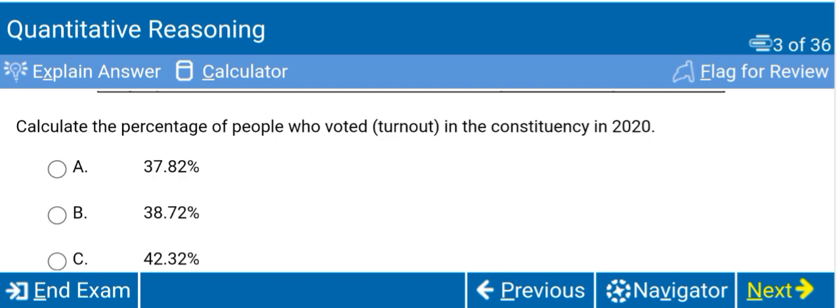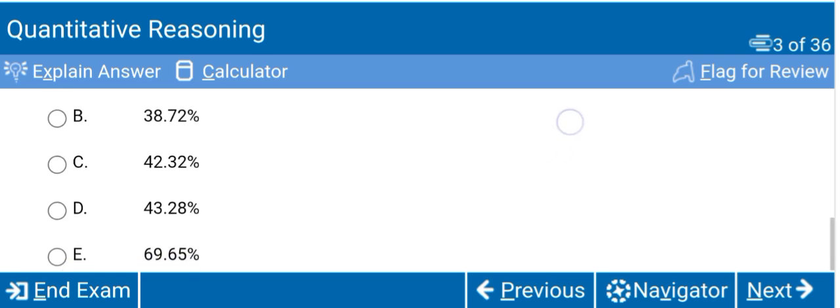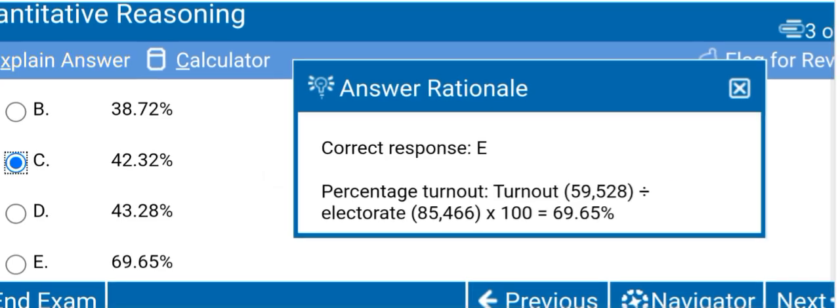Option B, 38.72%. Option C, 42.32%. And option E, 69.65%. So the correct response is option E.